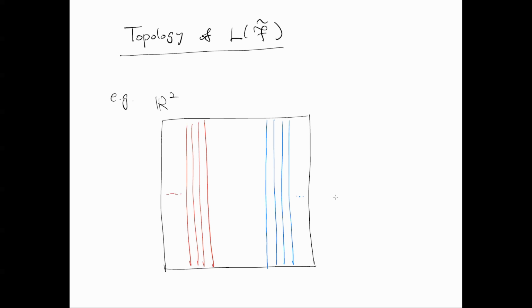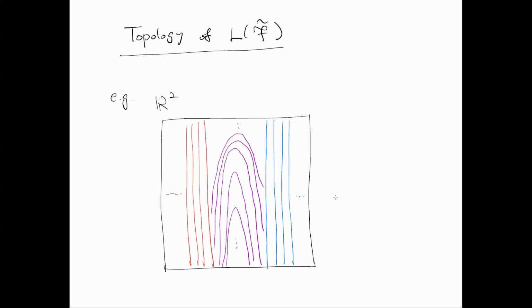Now I have this infinite strip in between, and I foliate it using these curves. Each is also topologically just an infinite line, but both ends go all the way to infinity. One end is asymptotic to this red line, and the other end is asymptotic to this blue line. And I collect infinitely many of them to foliate this infinite strip.